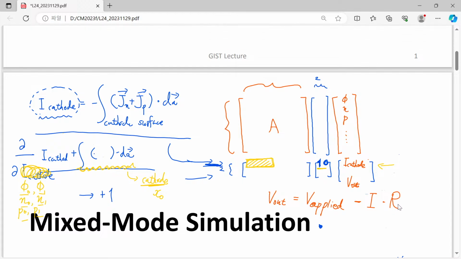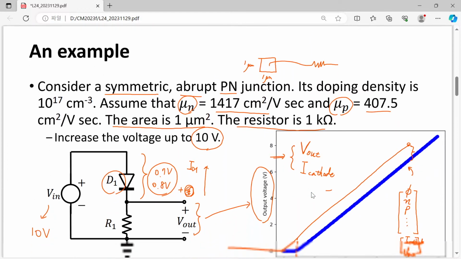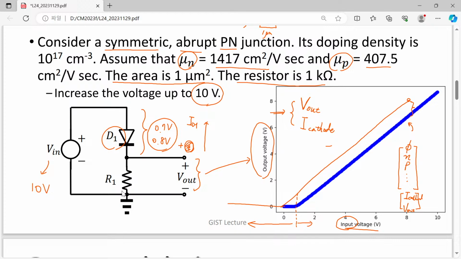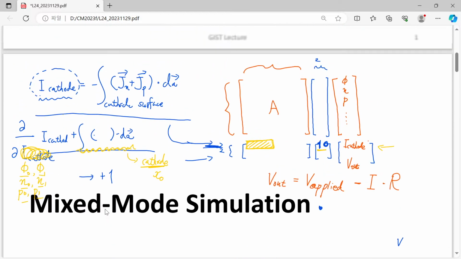Please think about our specific example. What is the applied voltage at this external node? That is exactly 0 volts. So now we can say that this applied voltage can be regarded as just 0.